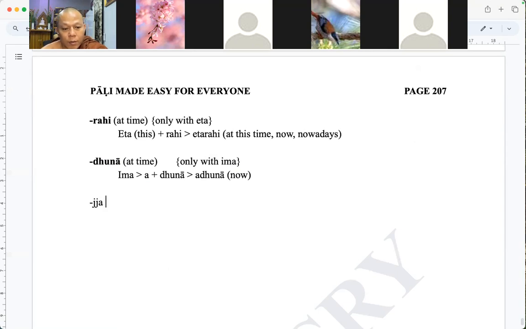Okay. So the one is ima. That ima is contracted as a i. So after that the ja. So we have the ija. Ija means just today. So in this way.